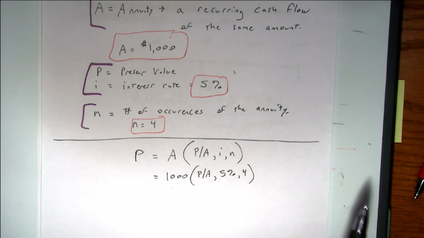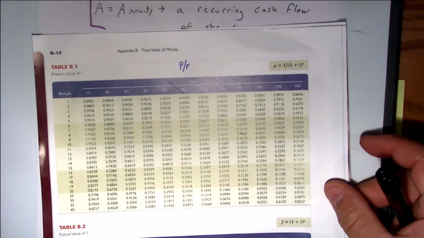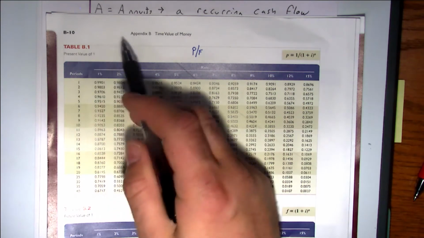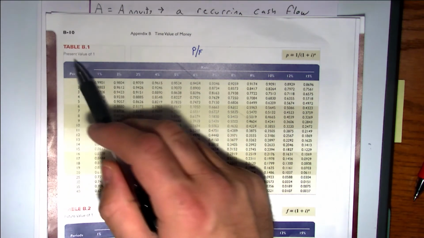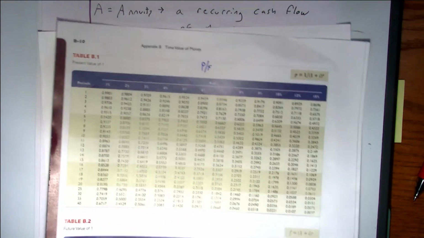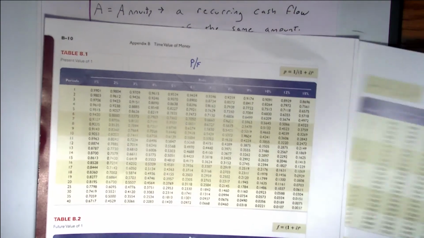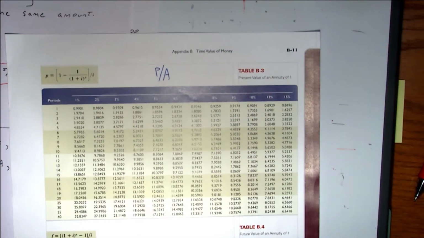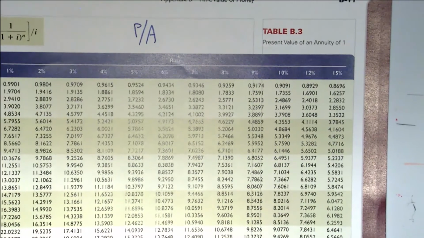Well, where is that? Let's look again at the P of F table. Remember the P of F table? Table B1 on page B10, present value of 1. If you have your book and you move it over to the right, you'll see table B3.